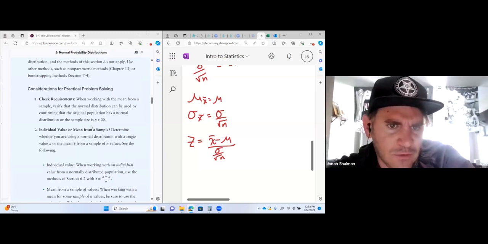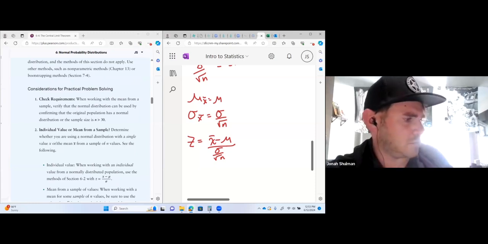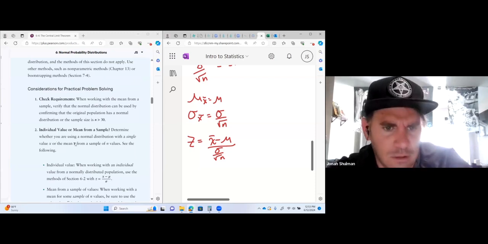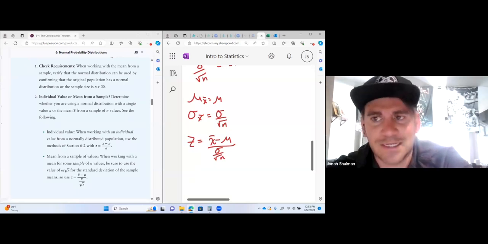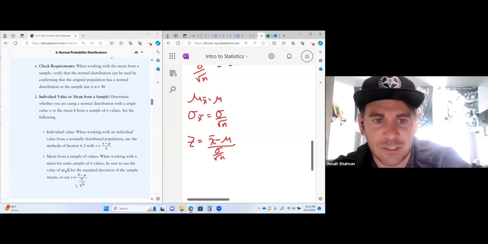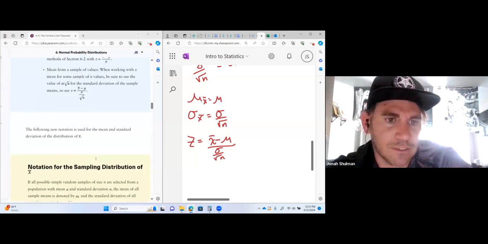The individual value or the mean from a sample. Determine whether you're using the normal distribution with a single value for x, or we have the mean value. Notice the difference. So if we're taking these samples of values, you have to make sure we're dividing by the square root of n every time.